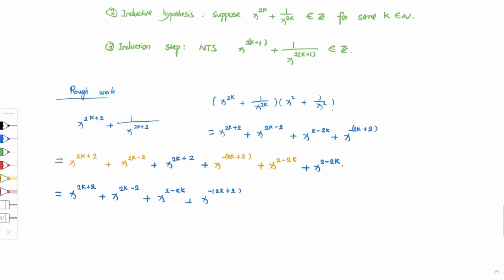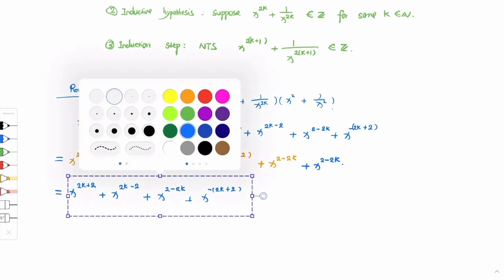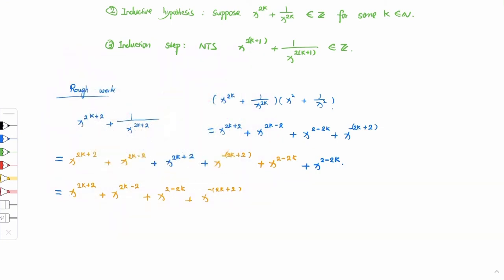Those four terms will give us the product of those two terms, and we know this is an integer, because this is an integer and this is an integer. So we have two terms left. Let's see if we can write it as something else.